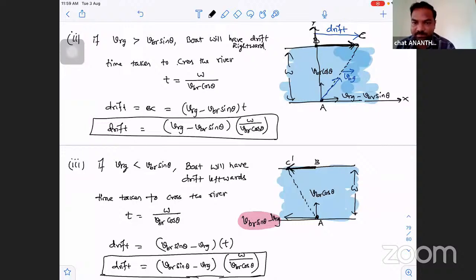You have to take that, not theta. Theta is the angle made by whom? Theta is the angle maintained by the boatman, the person inside the boat. But if you want to include the drift and width, they are real, meaning they are from the ground. So you have to take the angle from the ground. If you take the angle made by the boat as seen from the ground, then you can write down this one. Okay, Balaji, don't confuse.